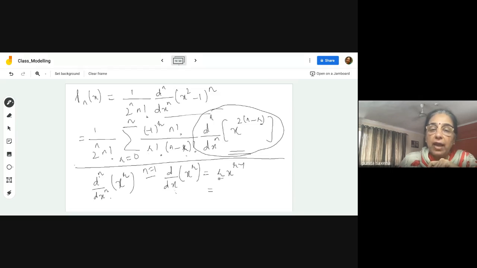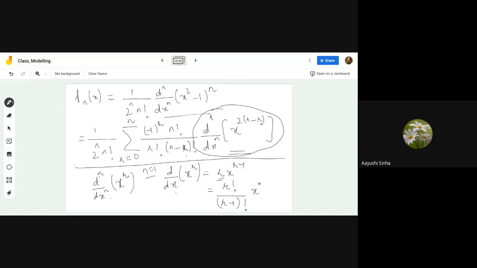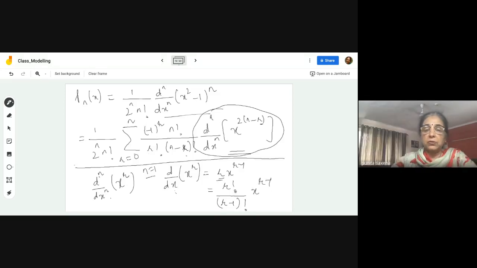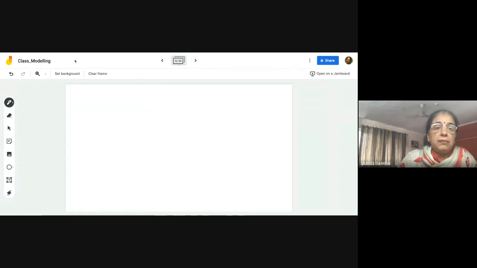What do I have? r, which is actually nothing but r factorial upon r minus 1 factorial. Is it right or not? Yes, ma'am. Into x to the power r minus 1. So basically the first derivative of x to the power r is r factorial upon r minus 1 factorial, x to the power r minus 1.